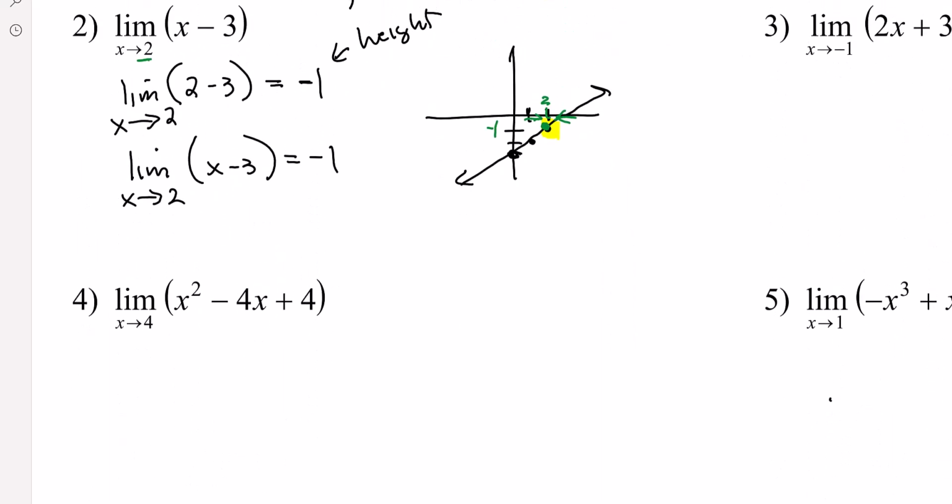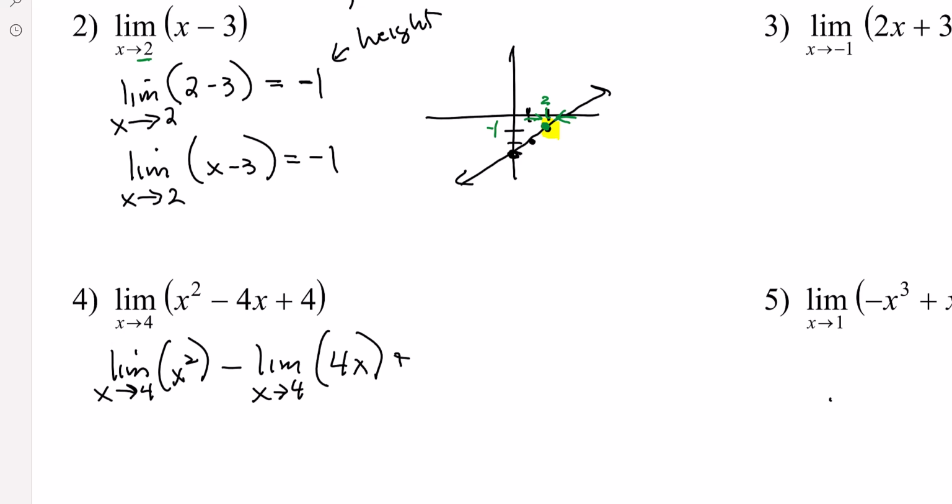Now, when you look at the limit laws, see how there's a subtract and an add? Another way that you could write this is the limit as x approaches 4 of x squared, minus the limit as x approaches 4 of 4x, plus the limit as x approaches 4 of 4.